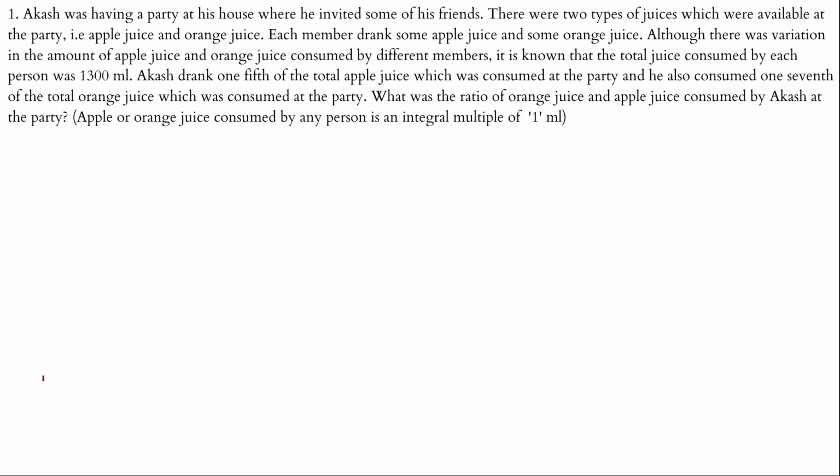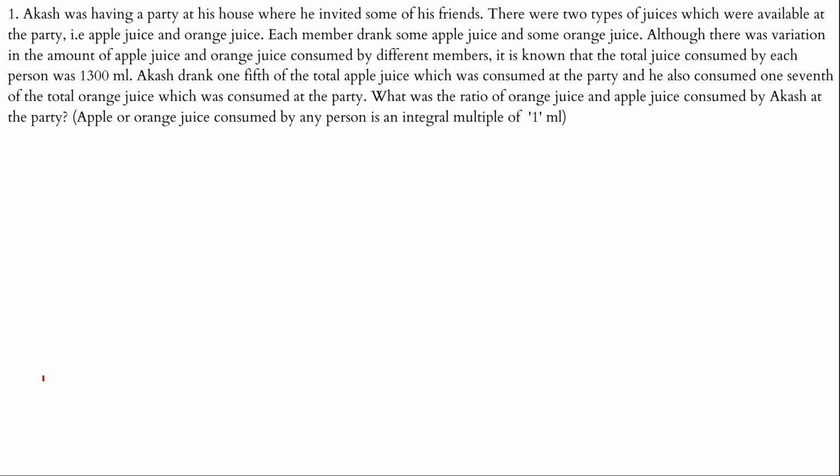Akash drank one-fifth of the total apple juice consumed at the party, and he also consumed 1/7 of the total orange juice consumed at the party. What was the ratio of orange juice and apple juice consumed by Akash at the party? The juice consumed by any person is an integral multiple of 1 ml.